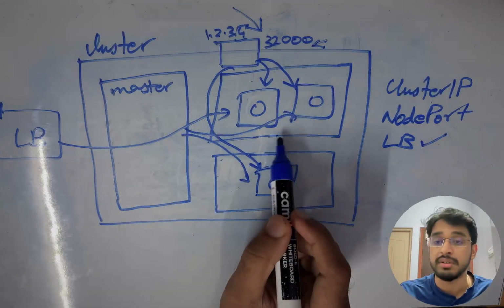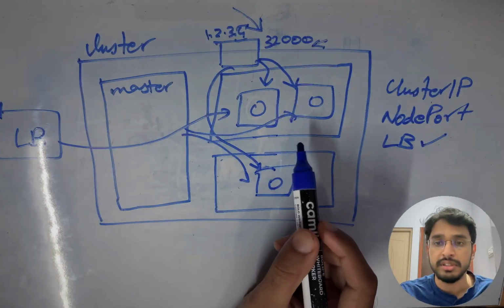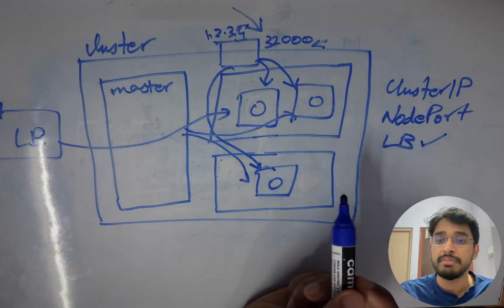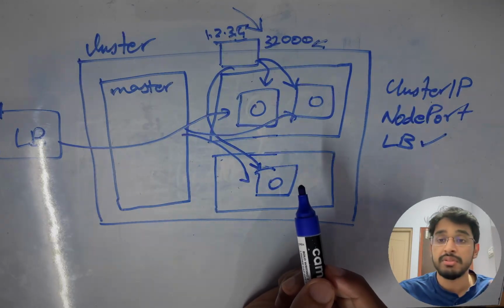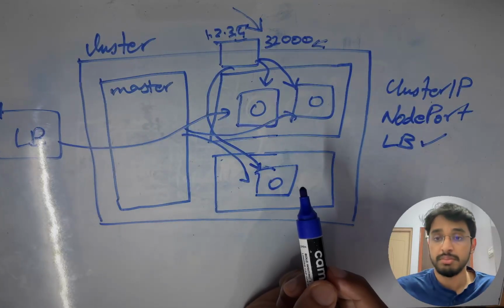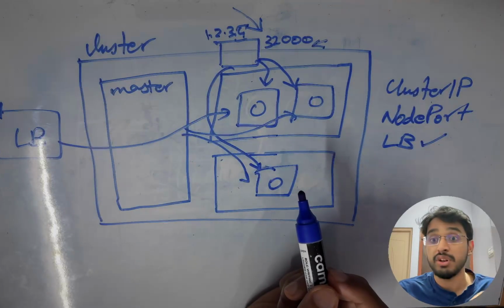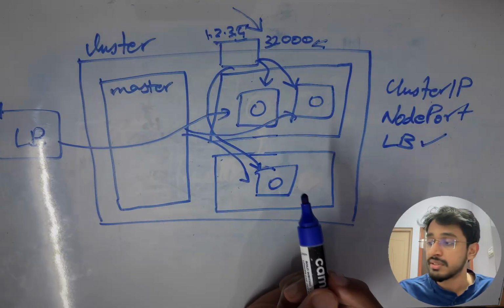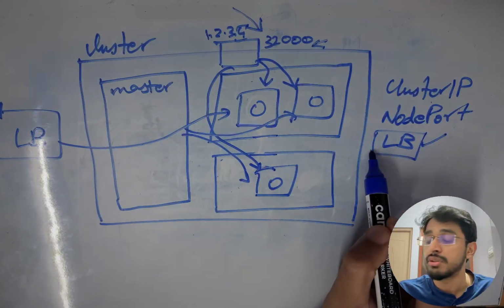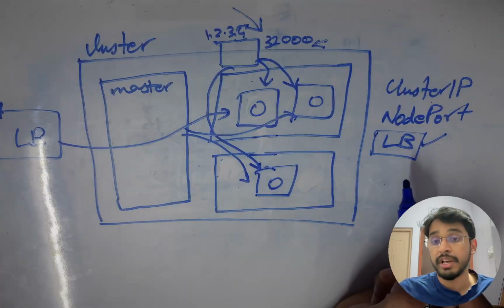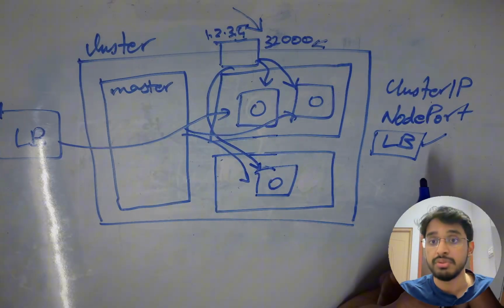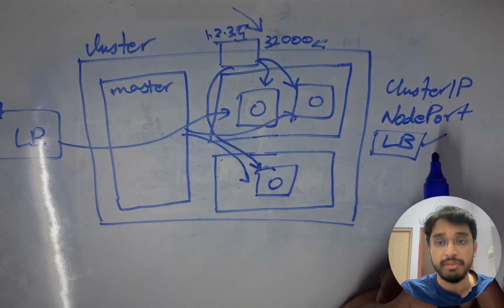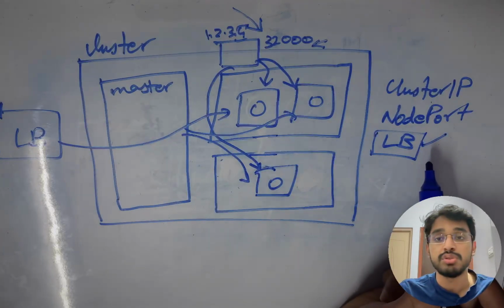For example, these nodes: in AWS it is EC2, in GCP it might be something else. Irrespective of which cloud provider you are using, every provider will have its own services and it will utilize those. This is the ideal approach which we always need to follow to create production level applications. So we don't use NodePort, that is just for development, and we always choose LoadBalancer.